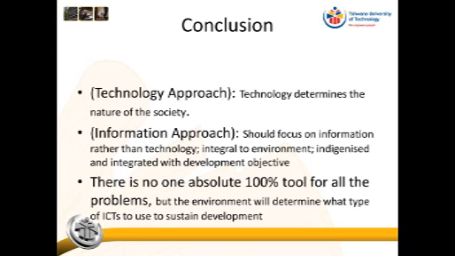We don't put the technology first and problems later. We've realized there is no one absolute 100% tool for all the problems, but there should be something that is made along the way. So that is the conclusion.